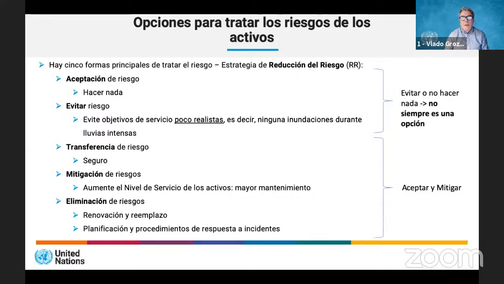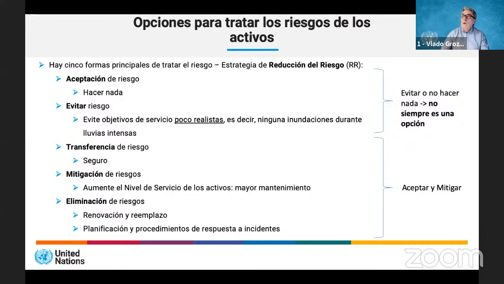If we know the risks now, we prioritize risks. Now the question is, how are we gonna treat the risk? There are 5 options of risk reduction strategy. We can make a strategy how we're gonna reduce the risk. There is a risk acceptance, do nothing.